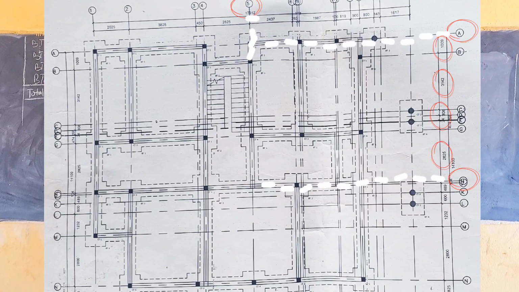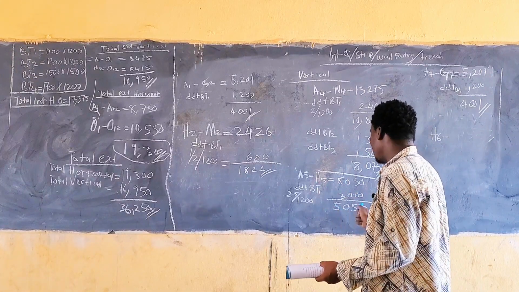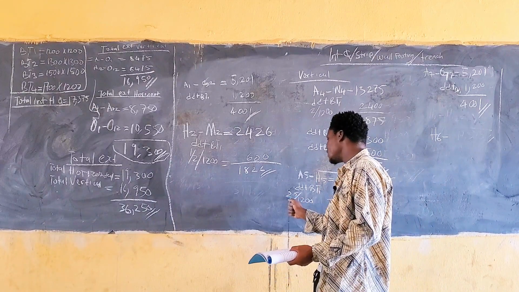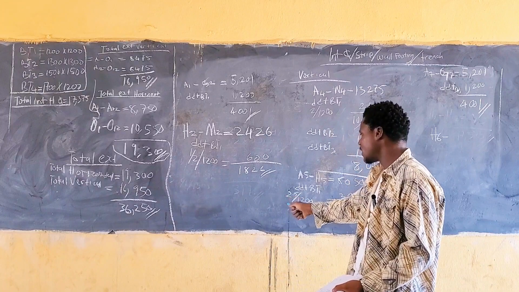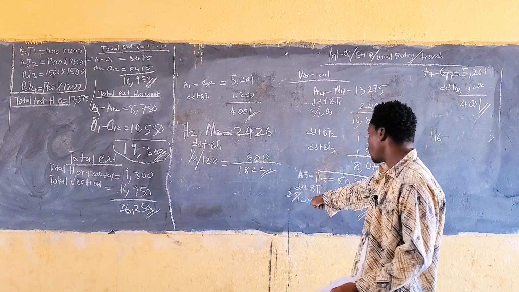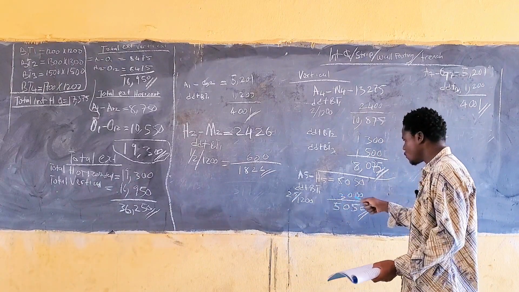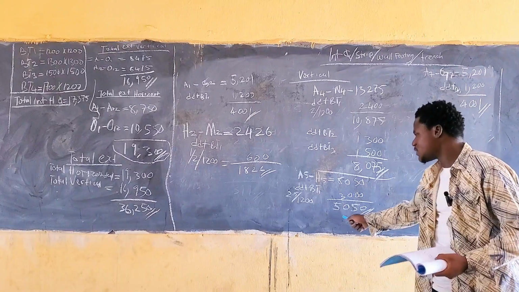There is one base type 1 there. There is base type 1 along that distance, and it's 2.5 numbers, which can be depicted as 2.5 times the dimension of base type 1, 1,200. We get 3,000. So you deduct 3,000 from 8,050 and you get 50.